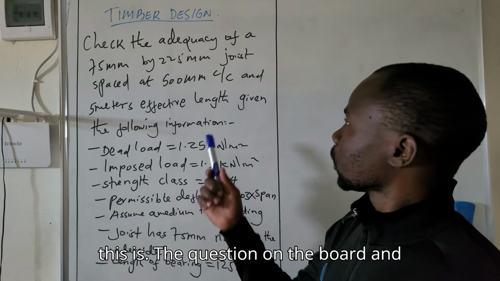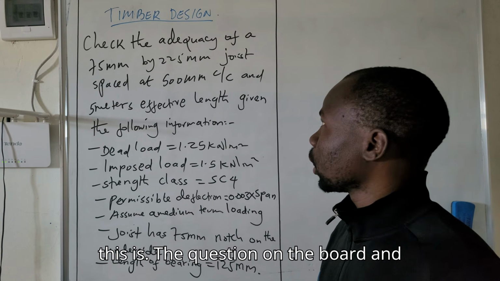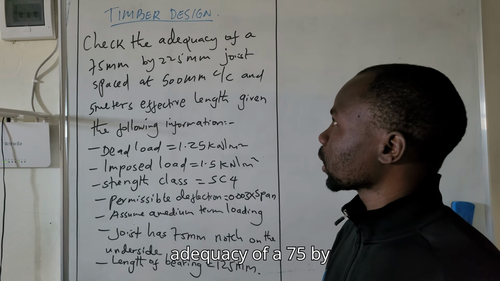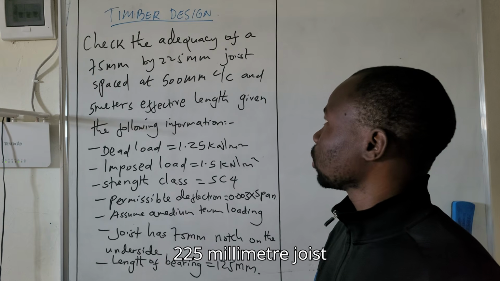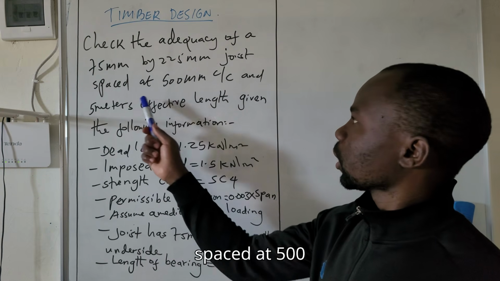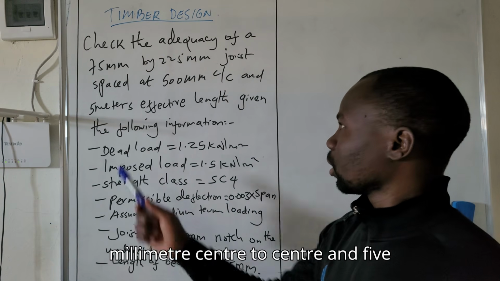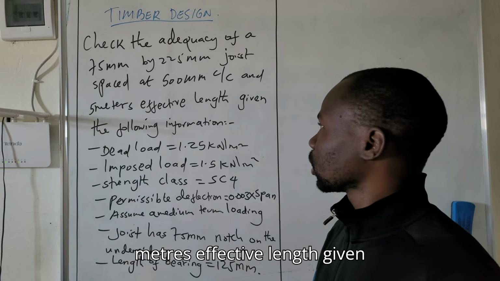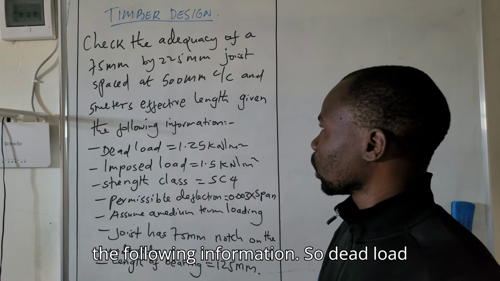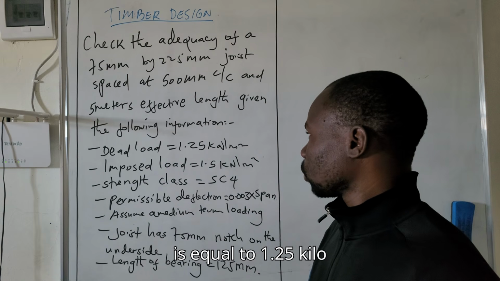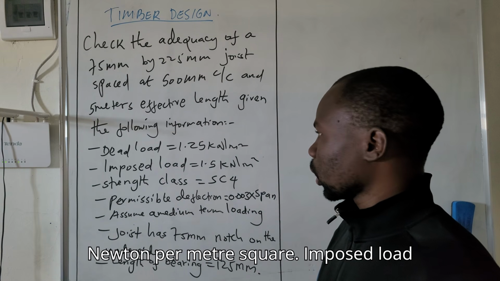So this is the question on the board, and the question reads: check the adequacy of a 75 by 225 millimeter joist spaced at 500 millimeter center to center and 5 meters effective length given the following information. So dead load is equal to 1.25 kilonewton per meter square.